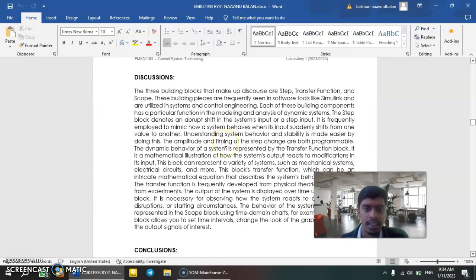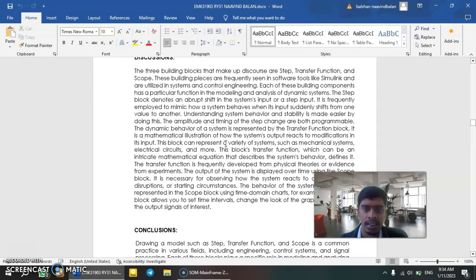For the discussion, I understand that system behavior and stability are made easier to grasp by doing this lab. The amplitude and the timing of the step change are both programmable. The dynamic behavior of the system is represented by the transfer function block.